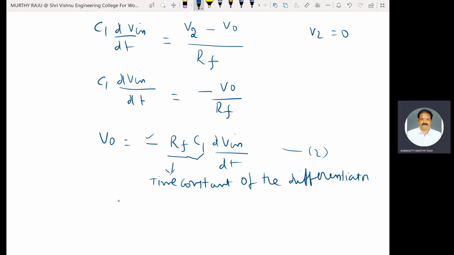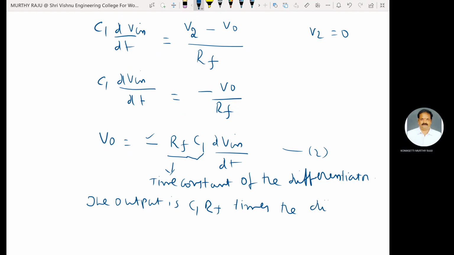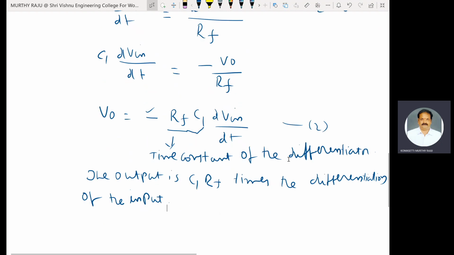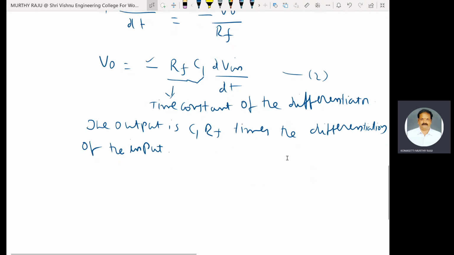This equation shows that the output is C1 RF times the differentiation of the input. The product RF and C1 is called the time constant of the differentiator. The negative sign indicates there is a phase shift of 180 degrees between input and output.